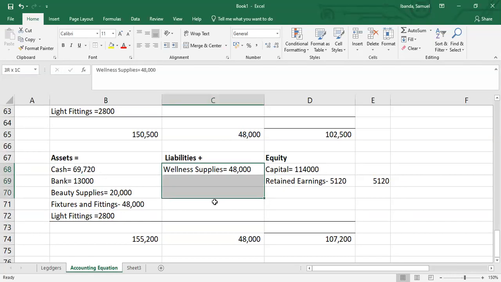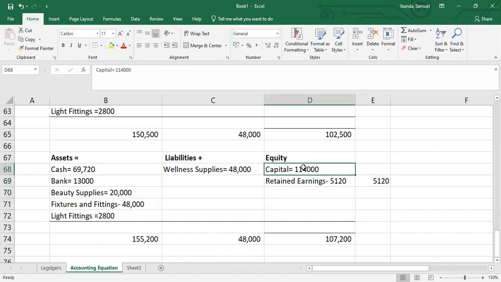This does not affect our liabilities, and it doesn't affect our capital, but it affects our retained earnings. Our retained earnings that were at 6,800 will now reduce by an extra 1680, because this is an expense, and so it will reduce.